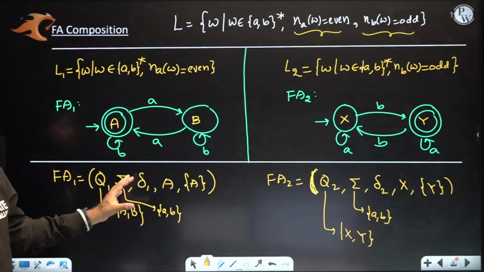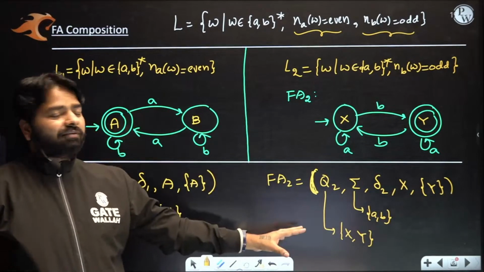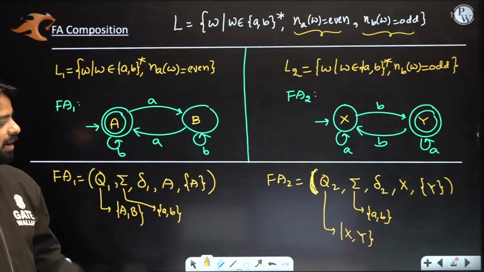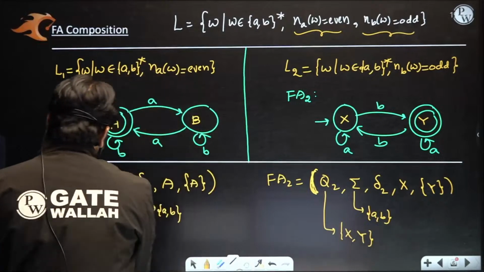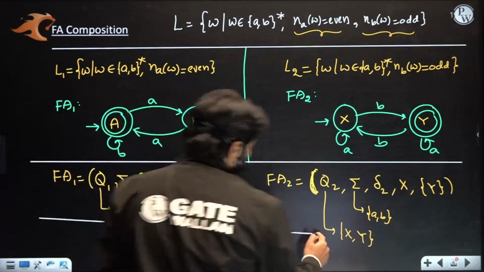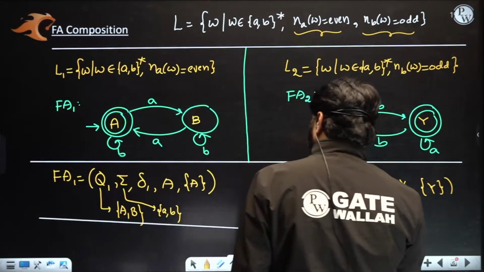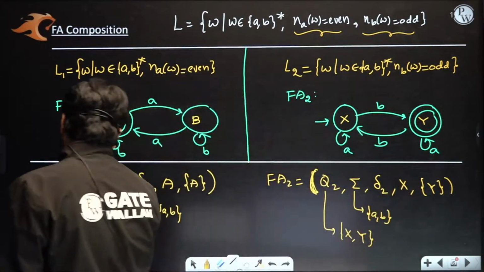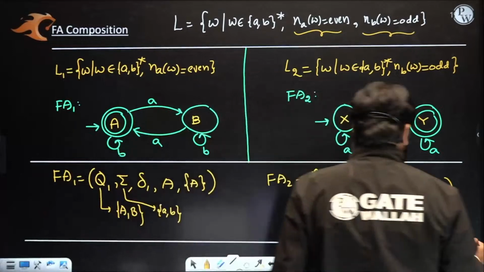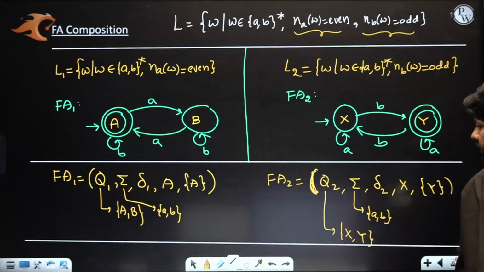Fine, and now FA1 cross FA2, we have two machines. How do you combine? To combine you should know the principle. Okay, so let me write that here. I'm going to combine here.